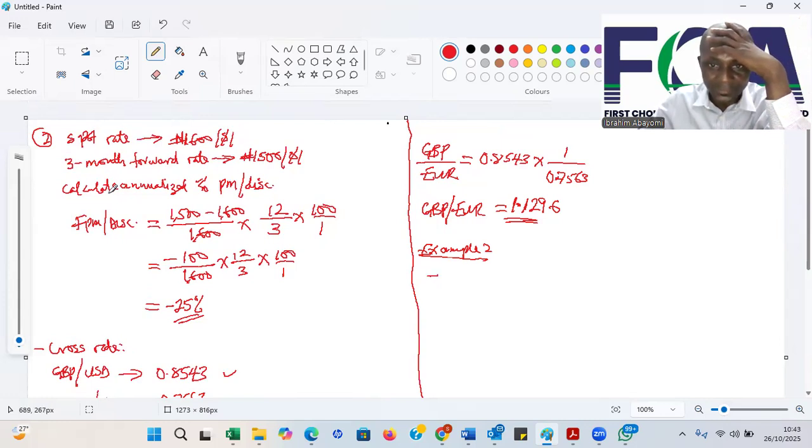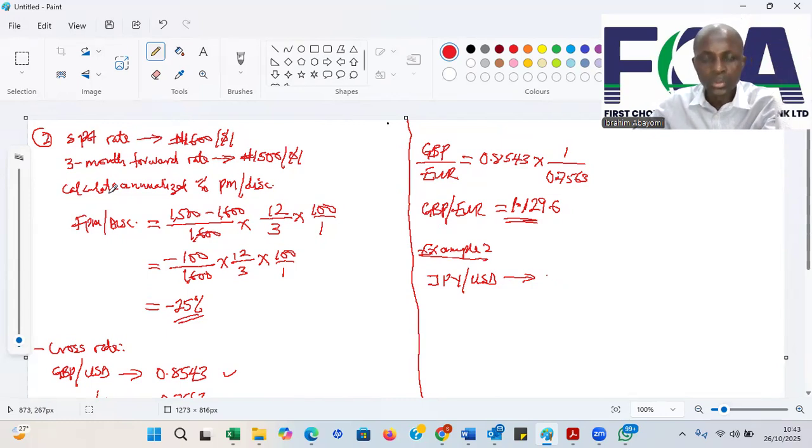We have JPY USD to be equal to, can I still remember how this is quoted? I can't remember how many decimal places you have for this, so that I will not give you a wrong quotation. Let me use another quotation.